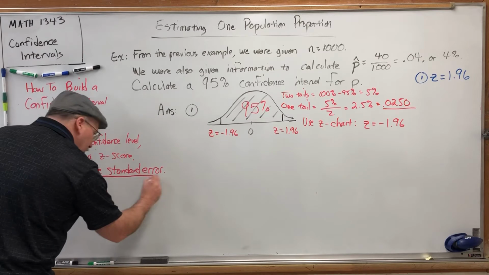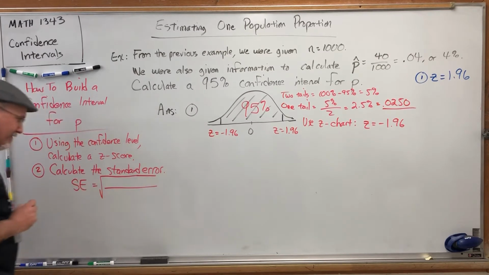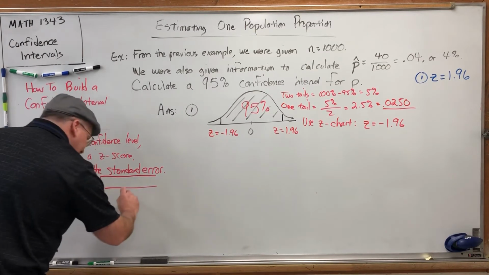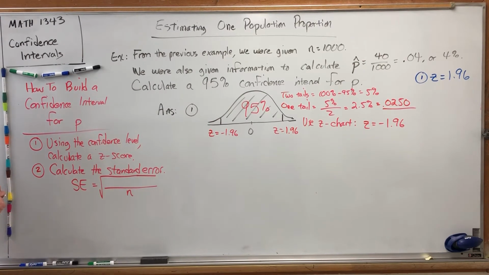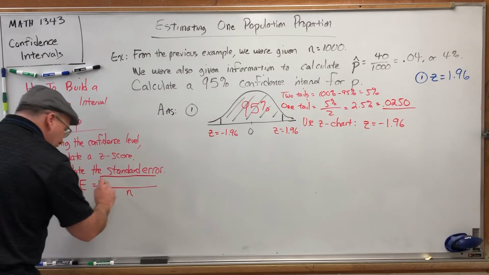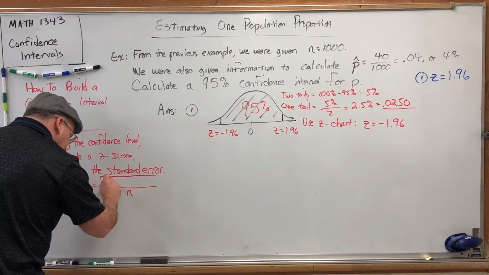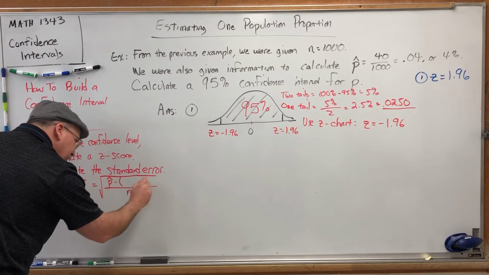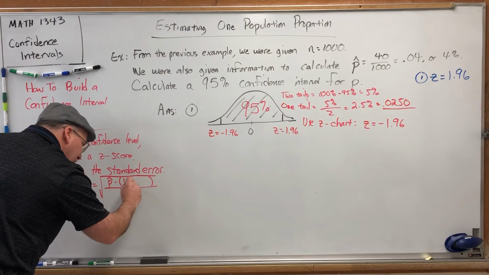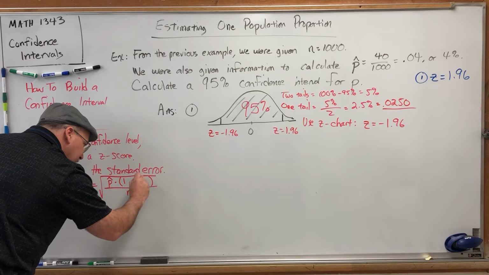It's tall because there's a fraction inside of it, and the denominator of that fraction is just the sample size n. The numerator of the fraction is a multiplication problem. The first part of it is p hat, which we have, times, in parentheses, 1 minus p hat.